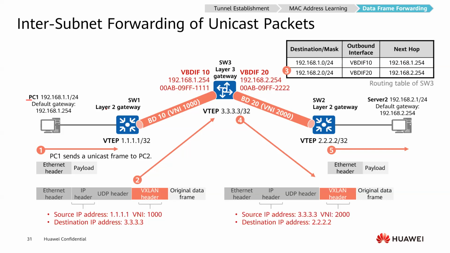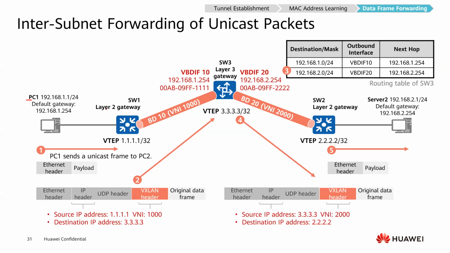So it will check the IP routing table, and you will find that this packet sent by PC1 to server 2 should just match the direct route. Because switch 3 has two interfaces, VBDIF10 and VBDIF20, it will generate two direct routes.